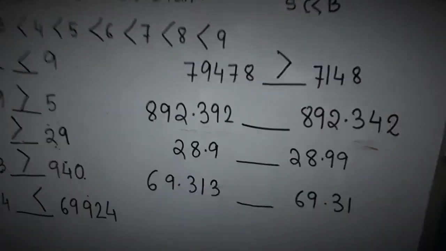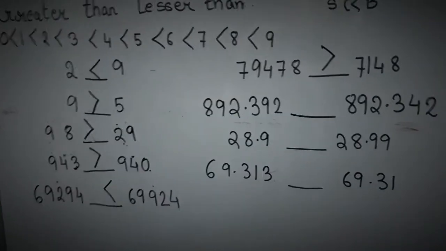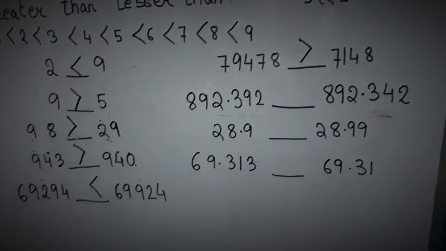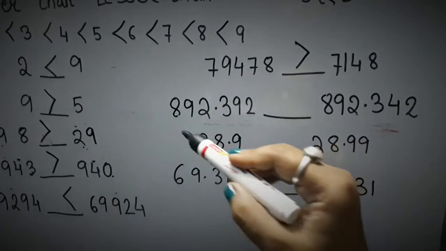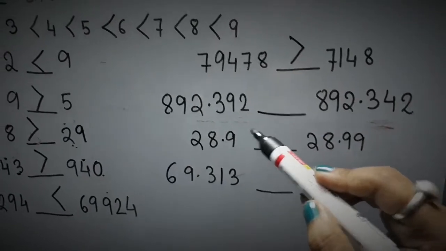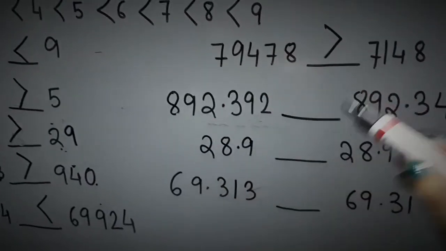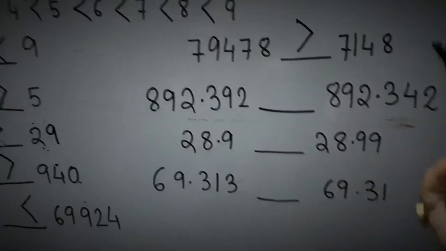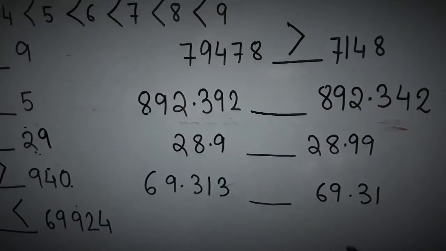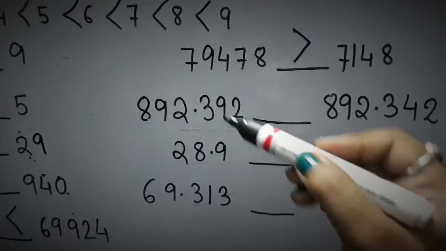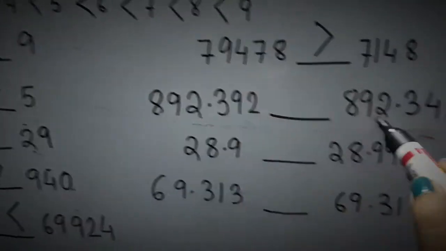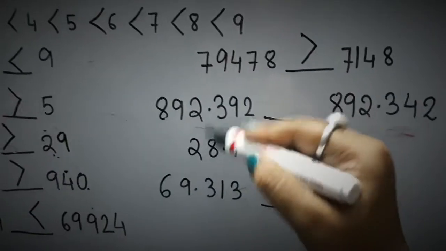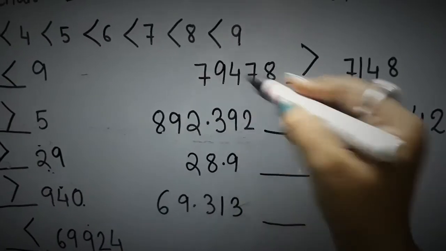Now comes with the point. I will tell you about decimals in one more video, but here I am showing you some sums on decimals. You have to do this the same way. 8, 8, same. 9, 9, same. 2, 2, same. So what will you do now? When all the numbers before the point are equal, go for the digits after the point.